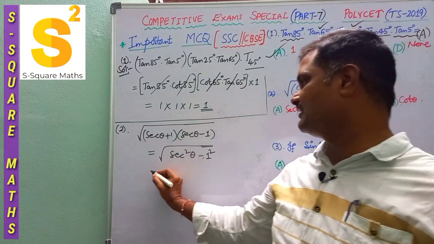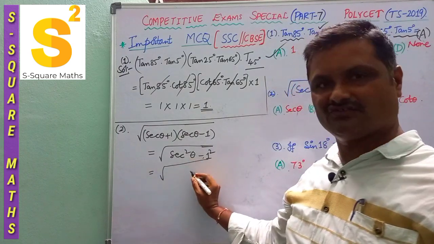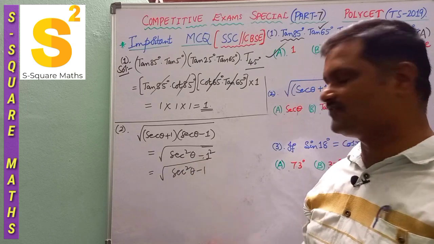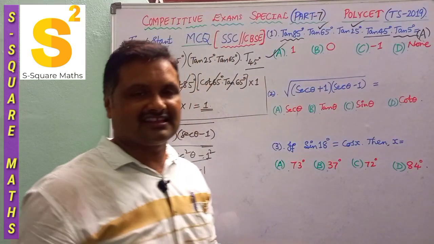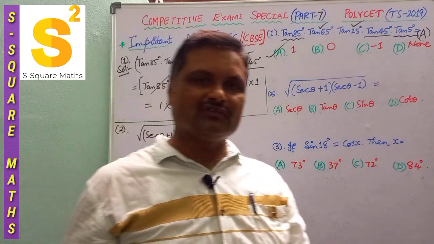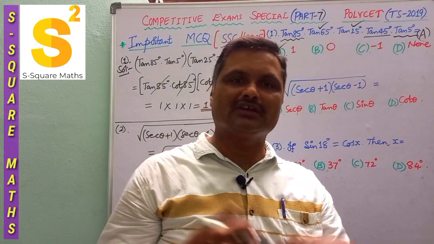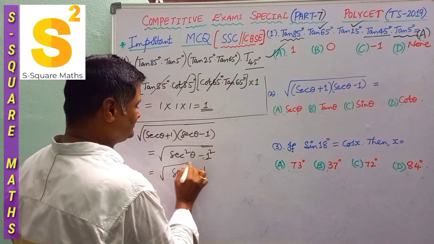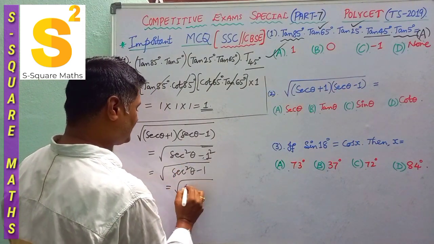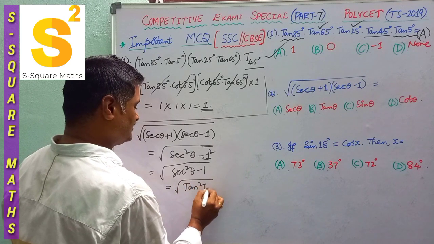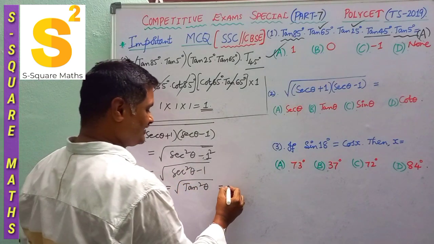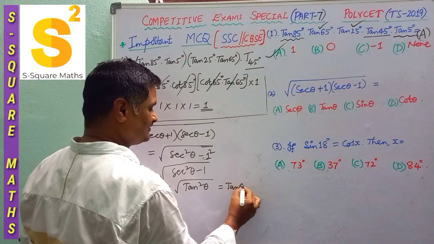Again, I can write here root of sec square theta minus 1. We know that sec square theta minus tan square theta is equal to 1. So sec square theta minus 1 can be written as tan square theta. Now I can write root of tan square theta. Under the square root we have tan square theta, power 1 by 2, the 2s get cancelled. So finally it is tan theta.